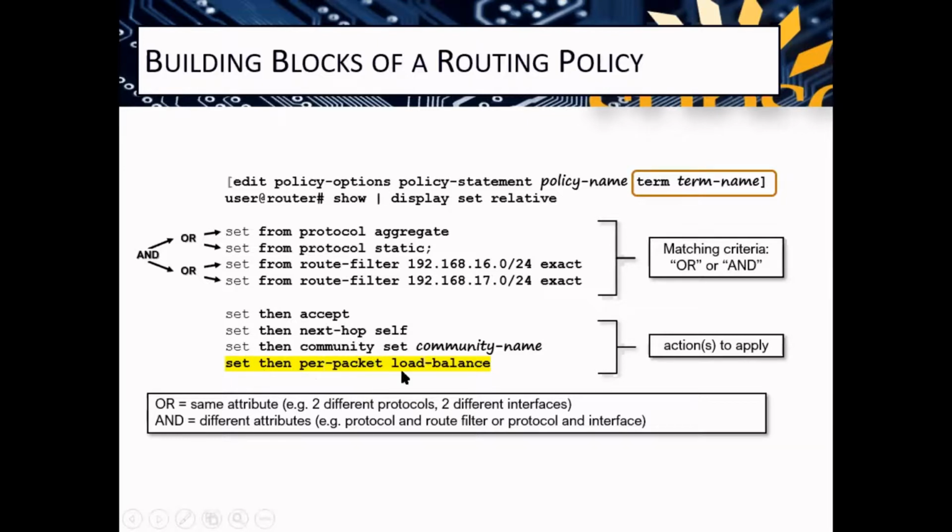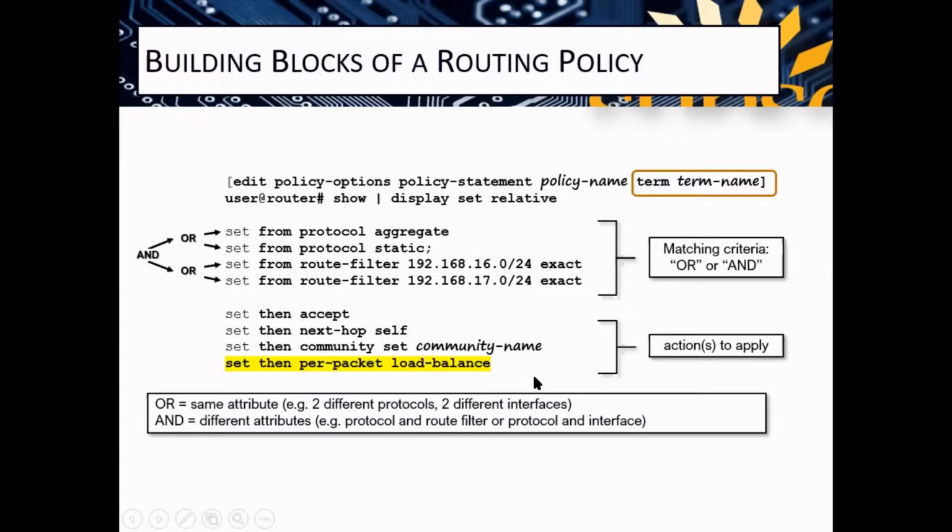But here is the one that we're going to use to turn on load balancing. I can have a very simple policy that doesn't have any from statements, doesn't have any other actions. The policy just says, set then load-balance per-packet, and then I apply that. And every time there is a route with more than one next hop, load balancing will happen.